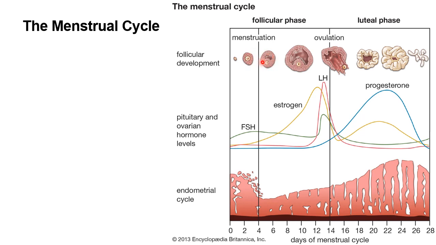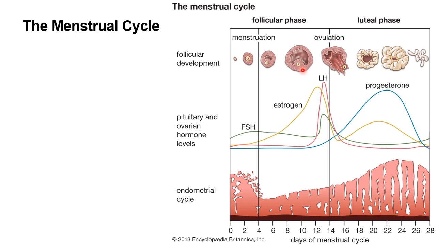Okay? And as the follicles develop, remember, that the cells of the follicles around the egg cell secrete estrogen. As they develop, the levels of estrogen go up. As the levels of estrogen go up, the follicle and the egg cell mature. Okay?